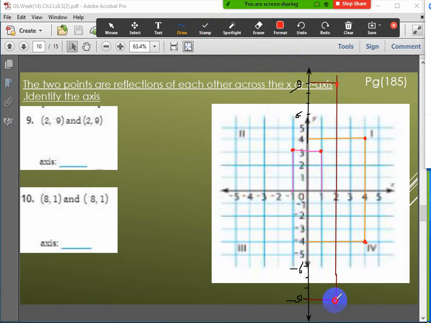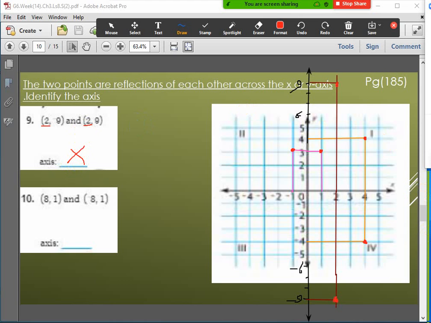The points are reflections of each other across which axis? X, very good. Because I have the same X. Look, the X is the same. The Y is the opposite. Okay, thank you, Manal. The Y is opposite. That means the X is the line of symmetry here.